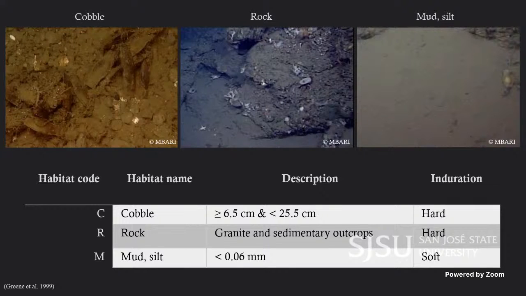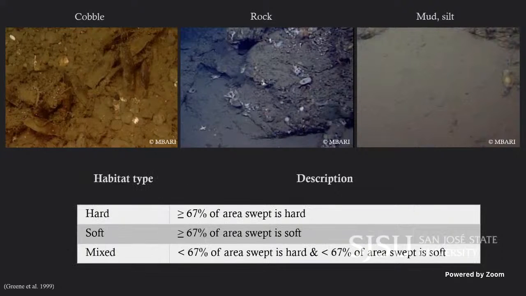These habitats were for the habitat type: hard, soft, and mixed, where hard is an area swept where it's greater than 67% of the area as hard sediment. Soft is greater than or equal to 67% of the area swept being soft sediment, and mixed is less than 67% of the area swept being rock and less than 67% of the area swept being soft.